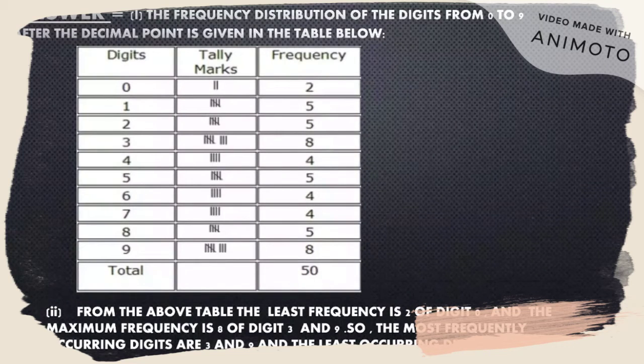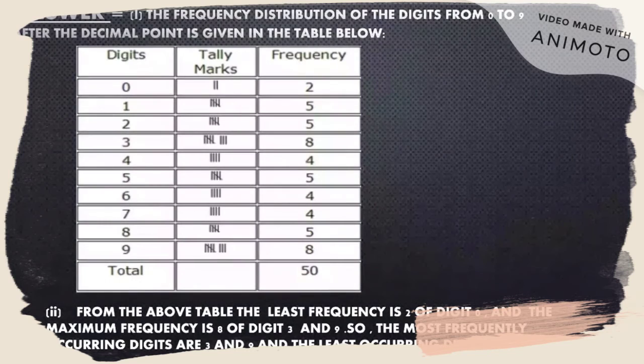In this table we can observe that 0 has a frequency of 2 as it has occurred 2 times after the decimal point, and 1 has a frequency of 5 as it has occurred 5 times after the decimal point.